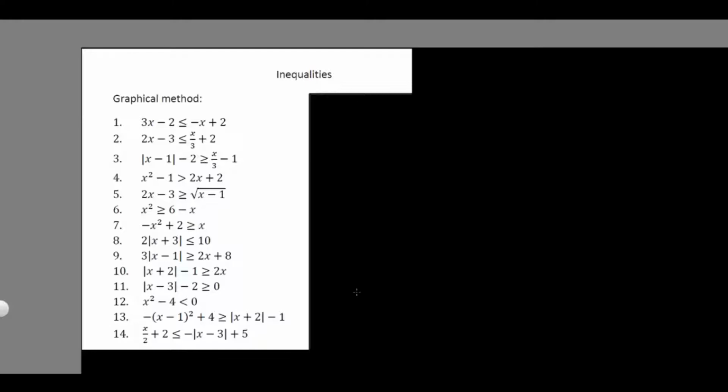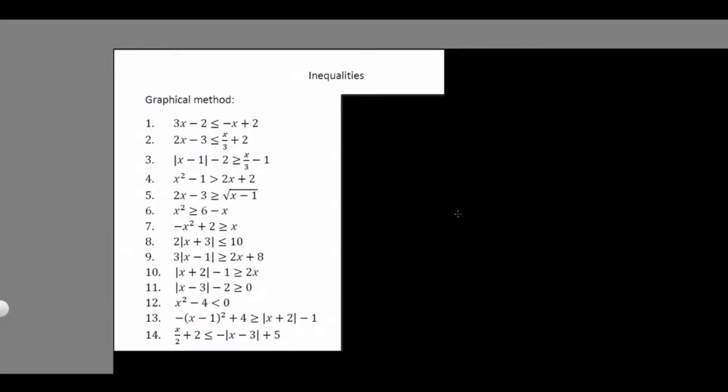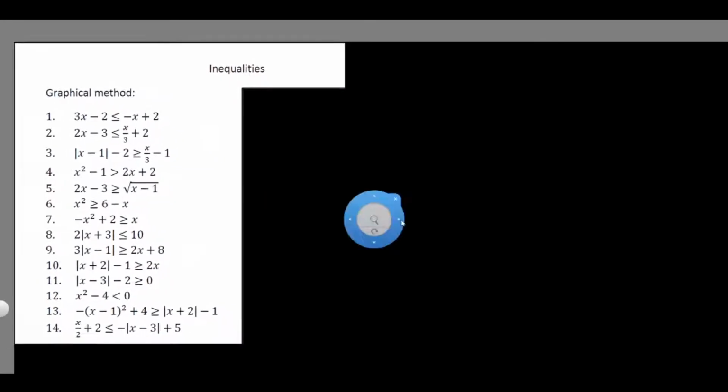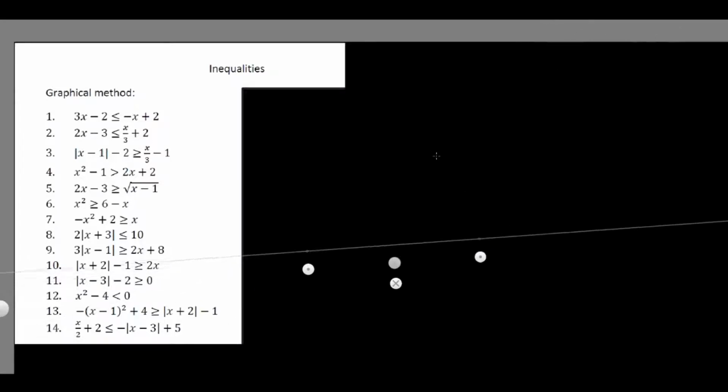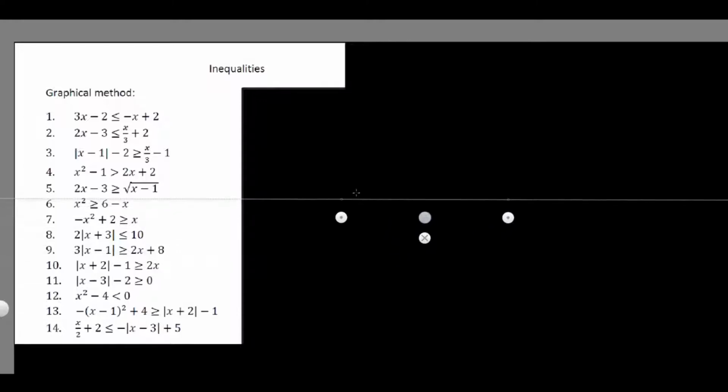So, hello everyone. In this video, we are going to take a look at inequalities, and we're going to look at different methods to solve these inequalities. So the key moment in solving these is to really understand what the absolute value means.